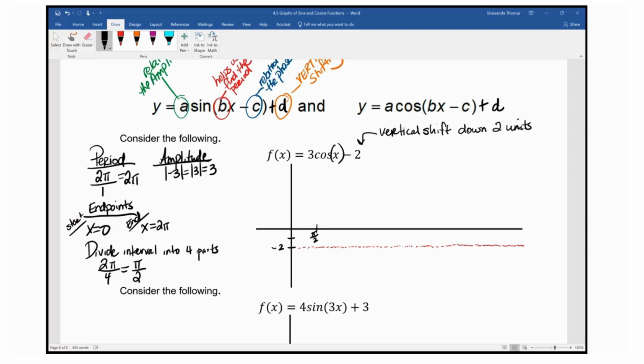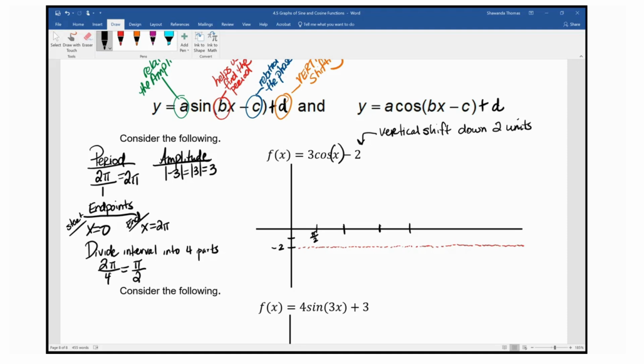And then what would be the next? You add pi over 2.